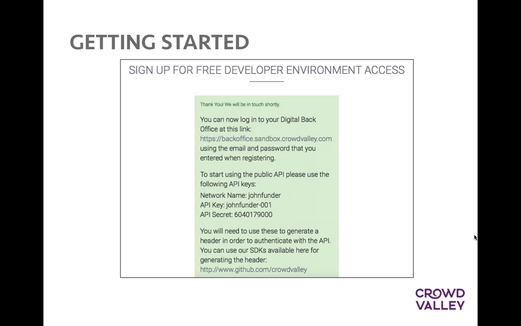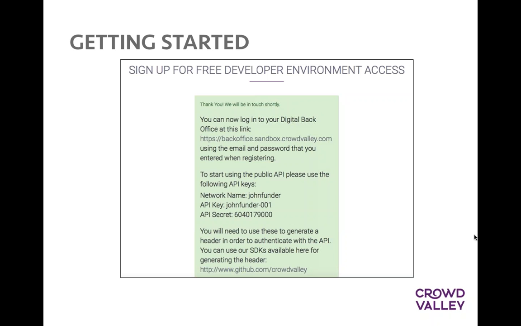Then you'll see a page that looks a bit like this, saying your initial credentials have been set up, and there's a couple of things you can do next. The first thing you can do is log into your digital back office, which is the admin portal, the admin application for your new platform.